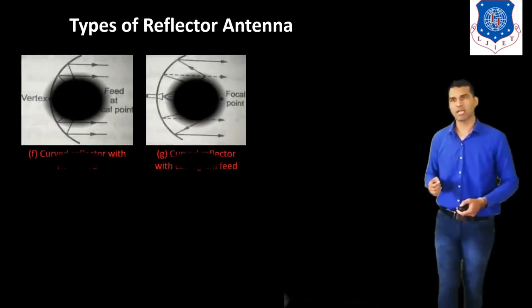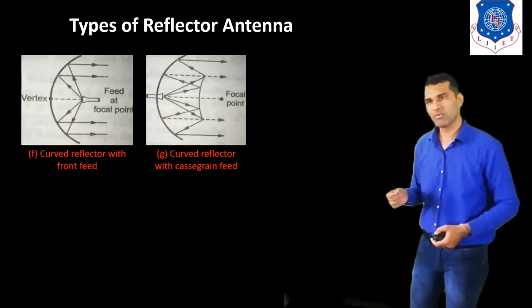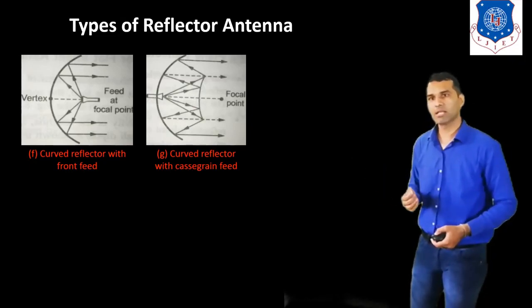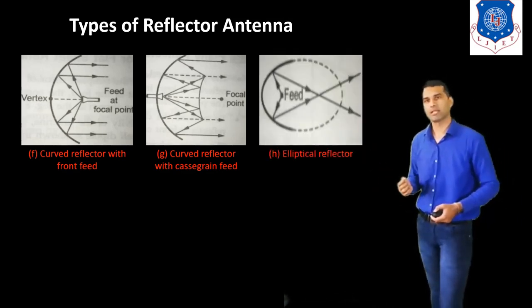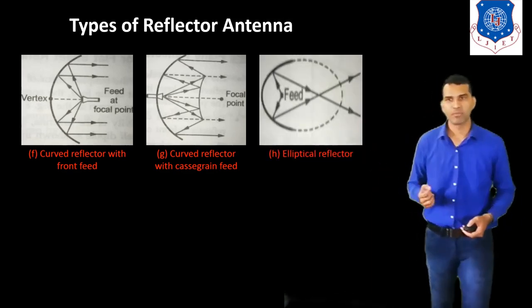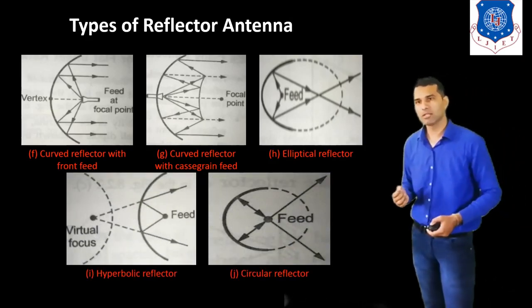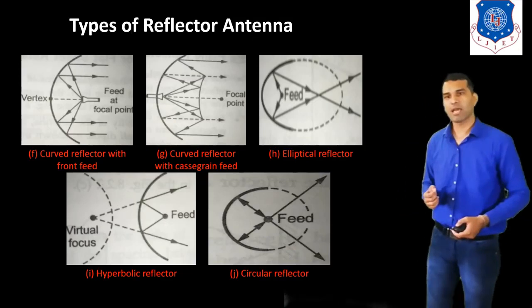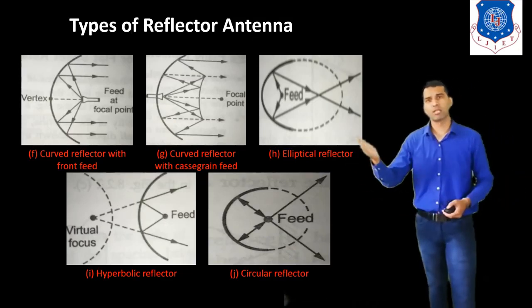Next are the curved reflector with front feed and the curved reflector with cassegrain feed. Next is the elliptical reflector antenna, and then the hyperbolic reflector and circular reflector antenna. These are the different types of reflector antenna.